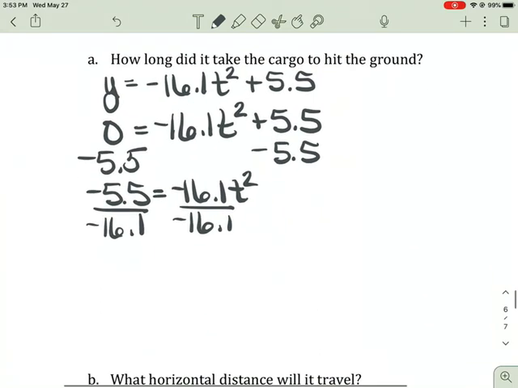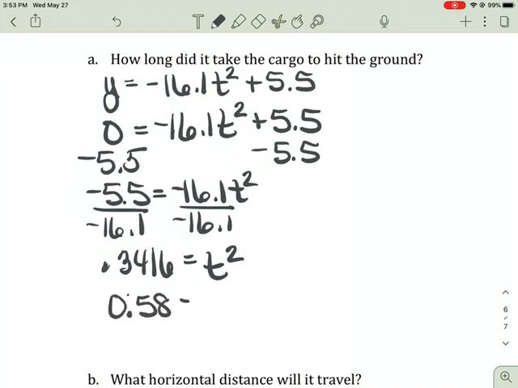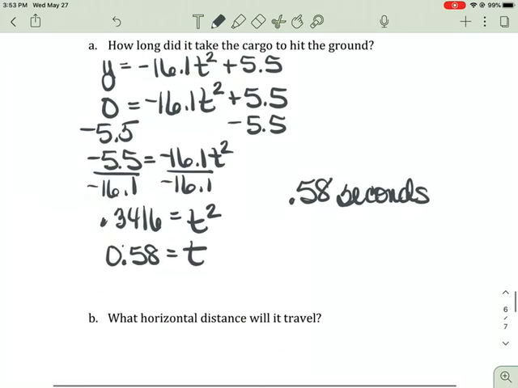Okay, and we're going to get about 0.3416 as t squared. And again, we're going to square root both sides so that we can figure out t. And we're going to get 0.58. So it took about 0.58 seconds for the package to hit the ground.